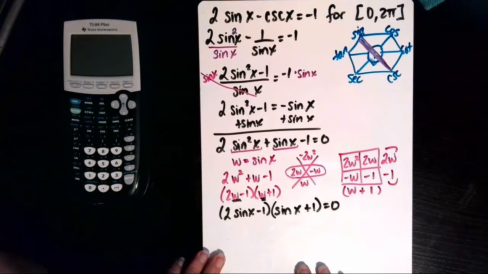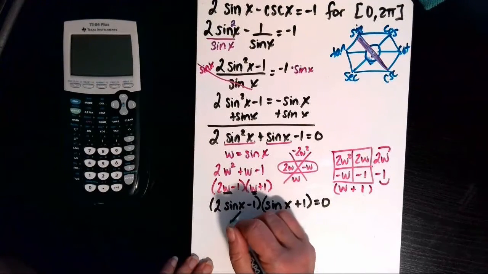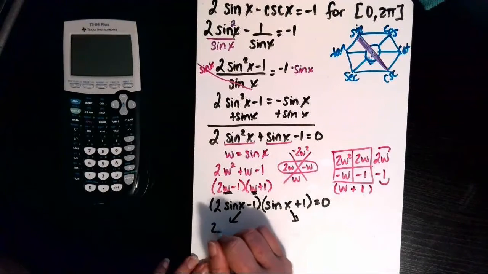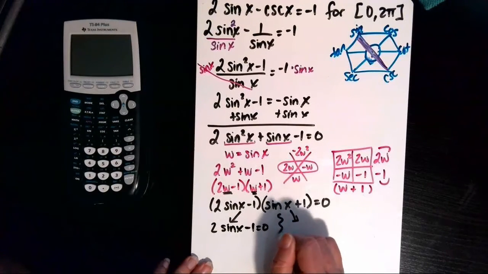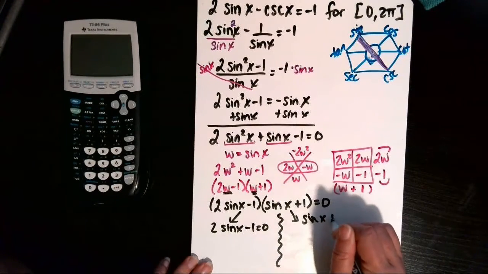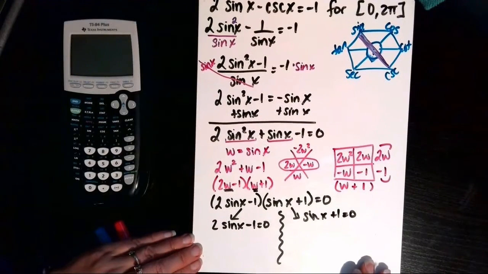And now that my equation is completely factored, I can use the zero product property to set each factor equal to 0. So 2 sine of x minus 1 equals 0, and sine of x plus 1 equals 0. Those would be my two equations that I want to solve.